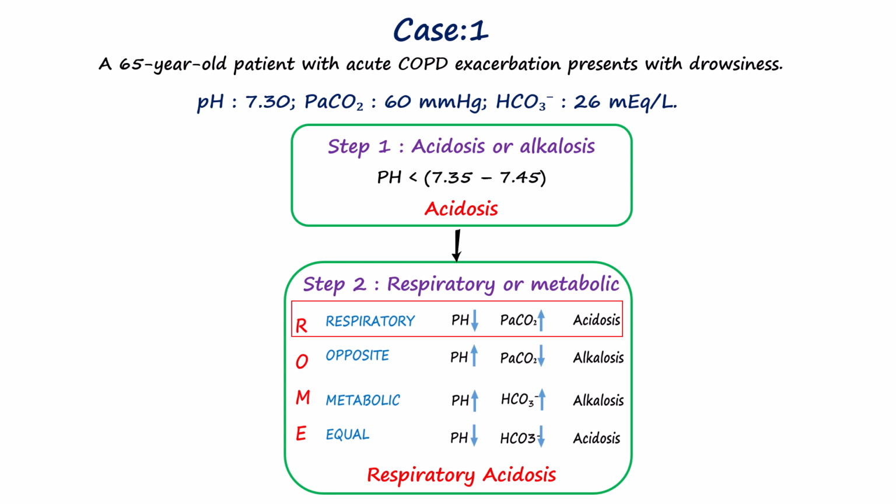Since CO2 is a respiratory acid, this elevation tells us that the acidosis is respiratory in origin. The bicarb level of 26 mEq per liter is within the normal range of 22 to 28, which further supports that this is purely respiratory rather than metabolic. At this point, we have established the primary disorder as respiratory acidosis.